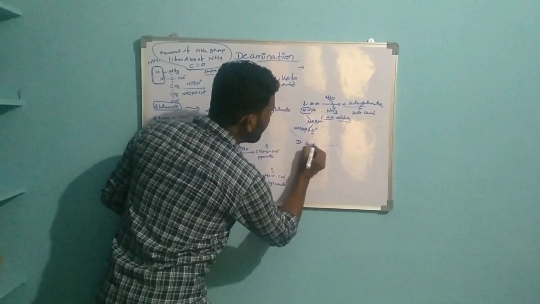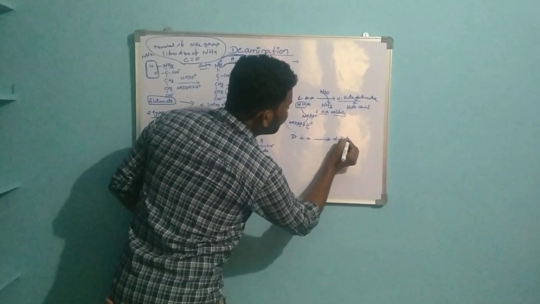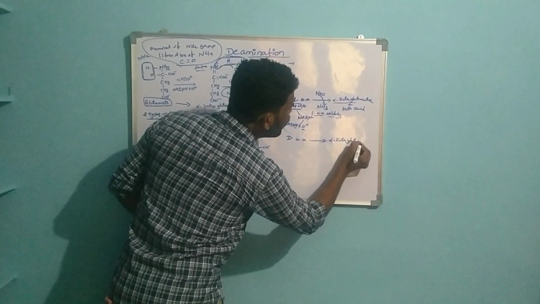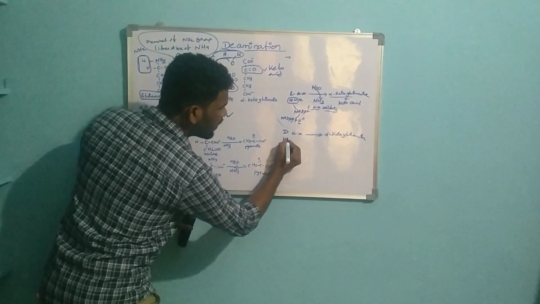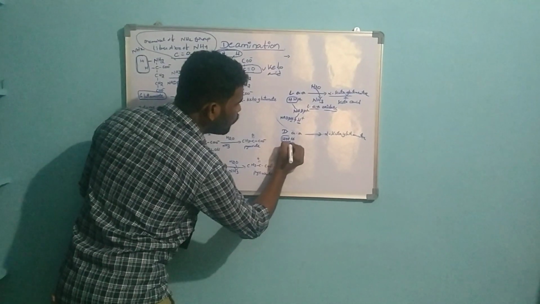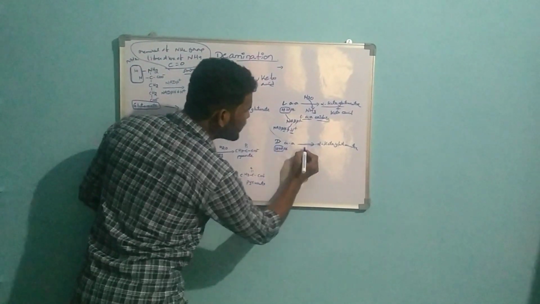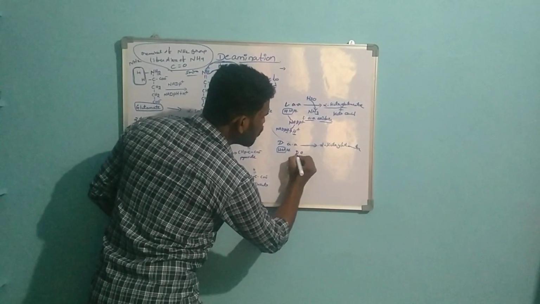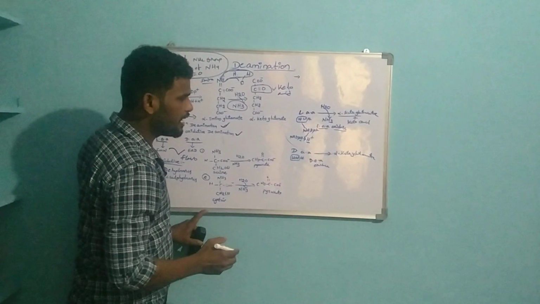Next is the dextroamino acid. The dextroamino acid gets converted into alpha ketoglutarate. This dextroamino acid has three hydrogen atoms, and two of them are liberated in the presence of the enzyme dextroamino acid oxidase.